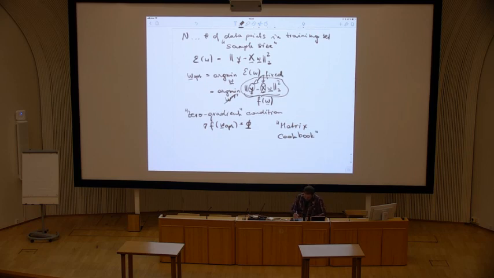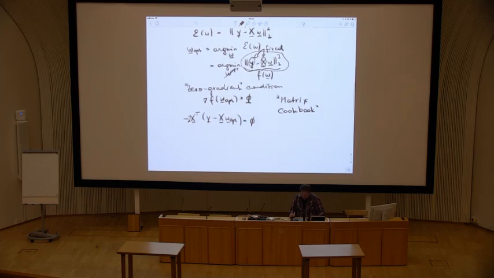It turns out that the gradient of this function is minus X transposed, here with factor 2, times (y minus X w optimal), equals 0. Did I forget something? Did I make an error? As I said, you can look up how to take the gradient of this expression in the matrix cookbook.